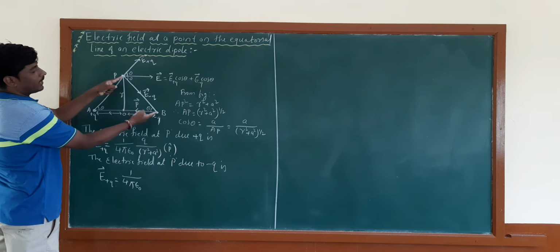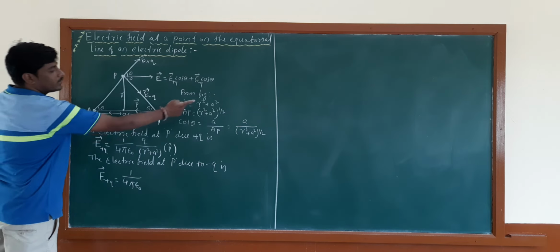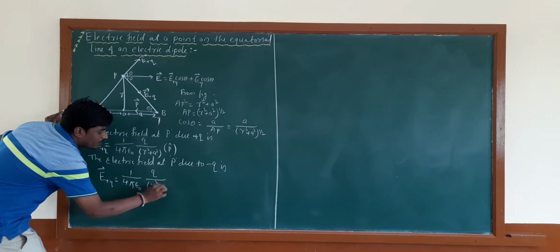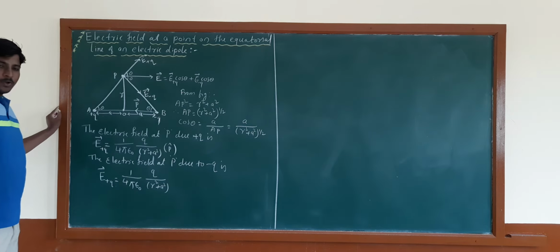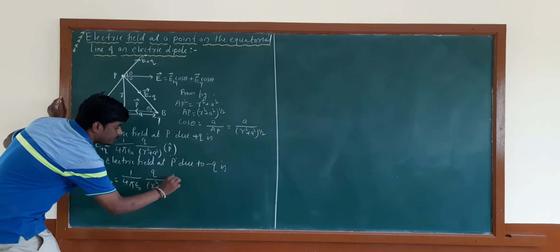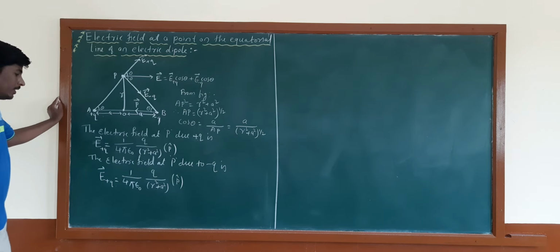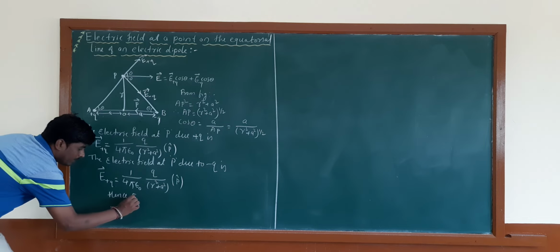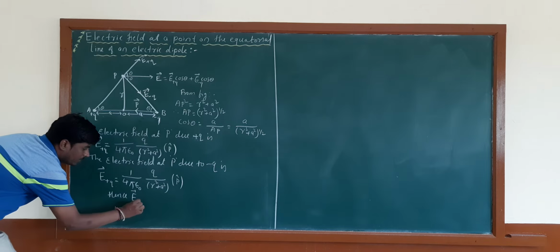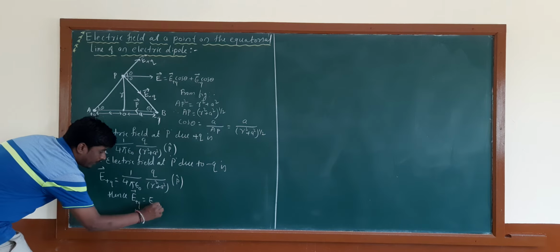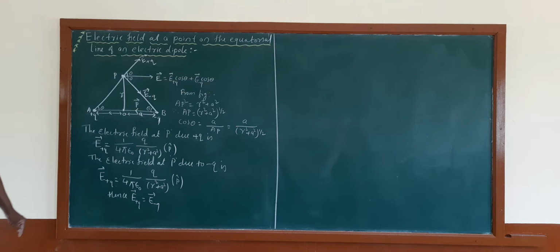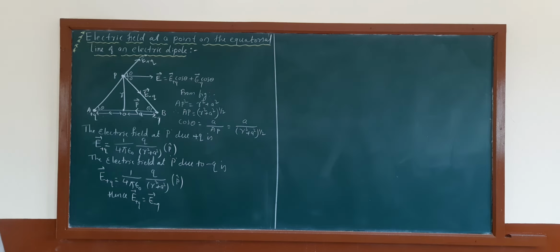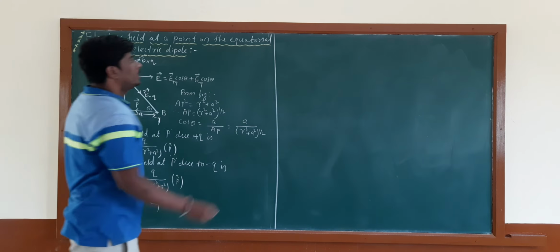This is PB, which is nothing but AP. So it is also Q divided by R square plus A square. Hence E plus Q is equal to E minus Q. Now resolve the two fields.